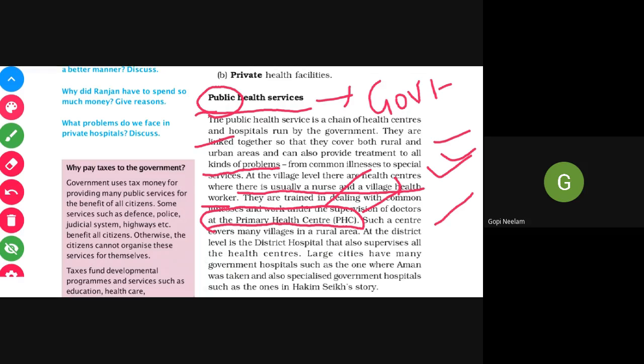So what it is saying is that the PHC, Primary Health Center, is responsible in a rural area which covers many villages. For example, take Bichkunda Primary Health Center, Bichkunda Government Hospital. It will cover almost 20 to 30 villages that are part of Bichkunda Mandal. All the people who are part of Bichkunda Mandal will come to this hospital.